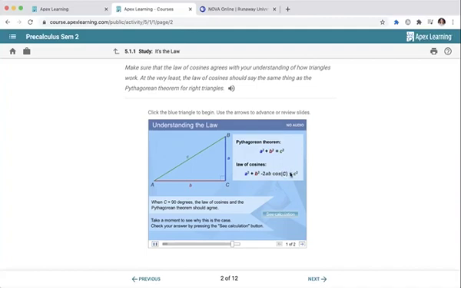And so when we do out this bottom calculation, we're going to notice that cosine of 90 degrees is actually 0. If you remember our unit circle, cosine of 90 degrees gives us that value of 0.